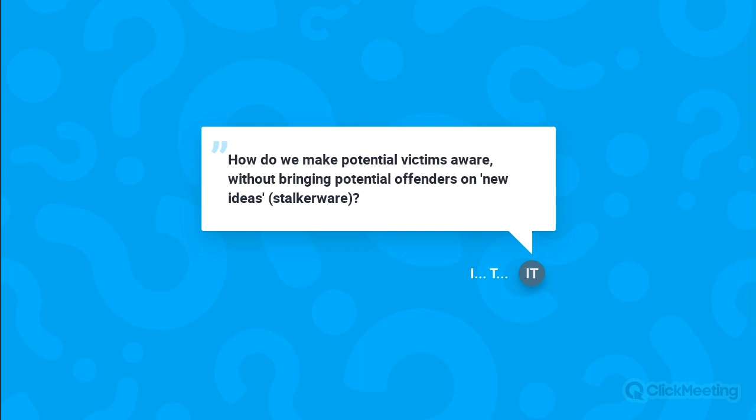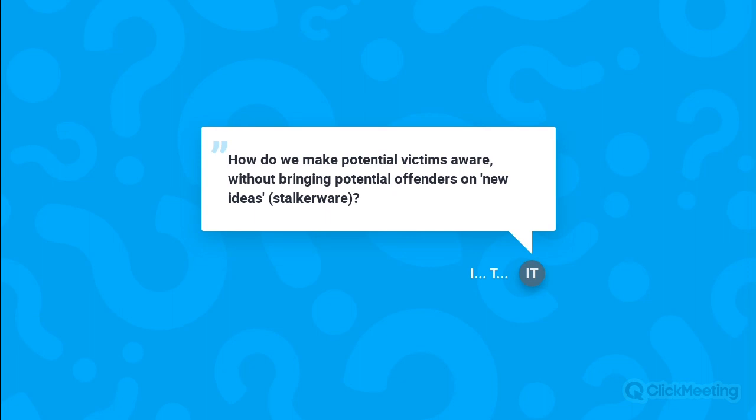I think it's really the other way around. It's more making the victims aware, because why would you think something is wrong with your phone just out of the blue? I think it's very hard. So these are my 2 cents, but maybe Anna, you want to add to it.